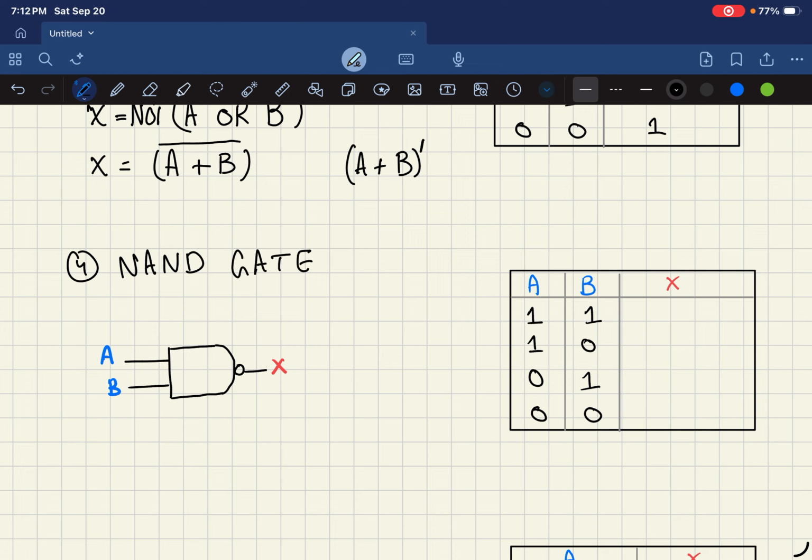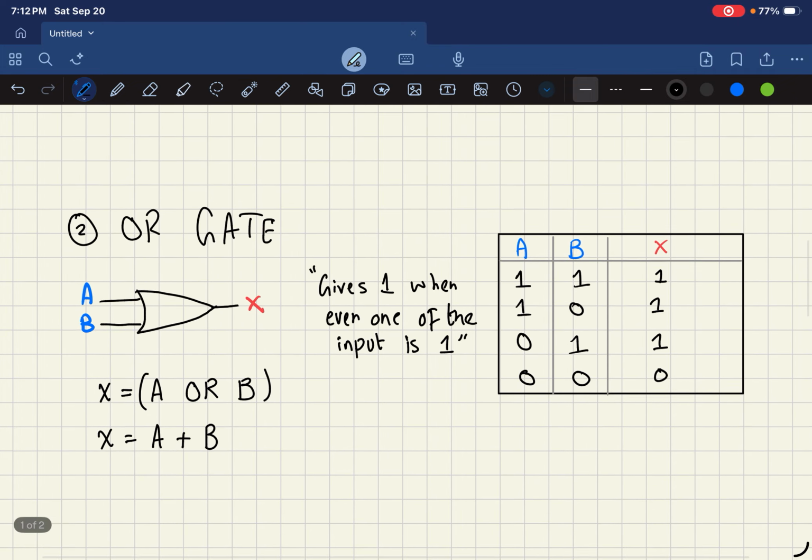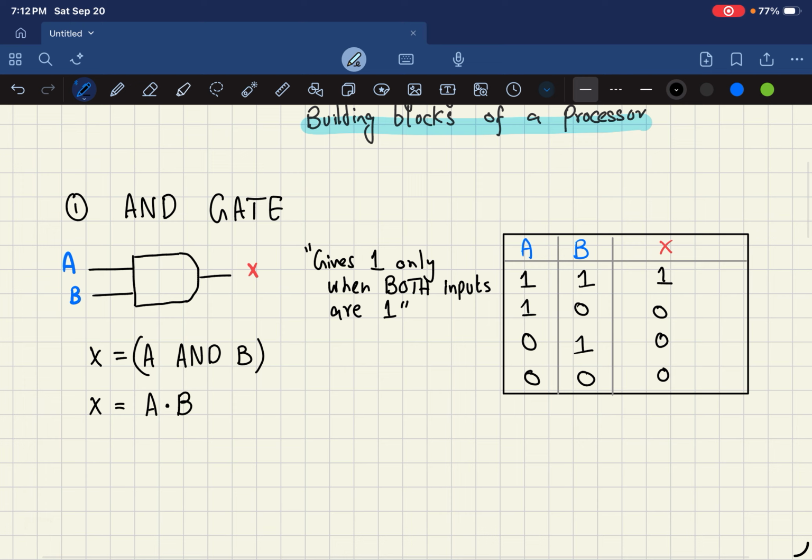Okay, in the NAND gate, again, just like the NOR gate is the opposite of the OR gate, the NAND gate is the opposite of the AND gate. And remember, let's look back at the logic of the AND gate. The way it works is it gives out a 1 only when both inputs are 1, otherwise it gives out a 0.